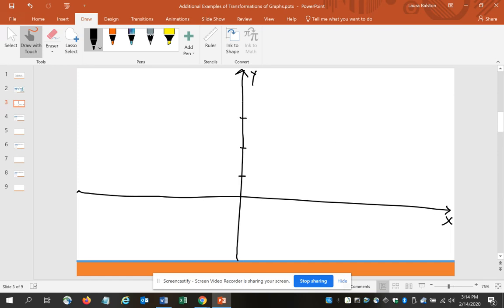1, 2, 3, 4, 5. 1, 2, run out of space. Let me see if I can make it just a little bit longer. Negative 3, okay? Then initially on the basic cosine curve, we use the quadrantal angles.